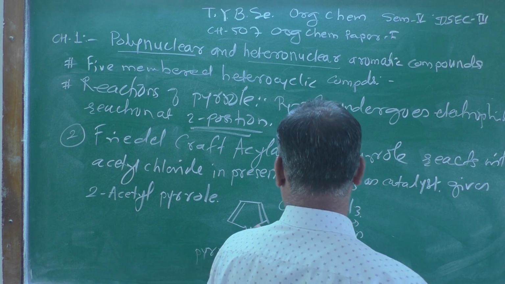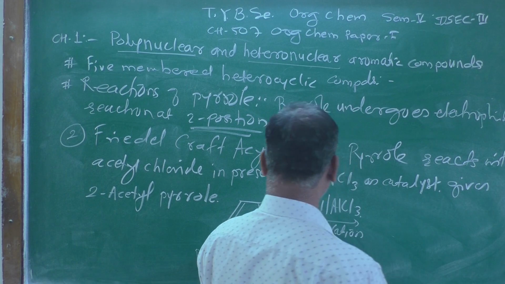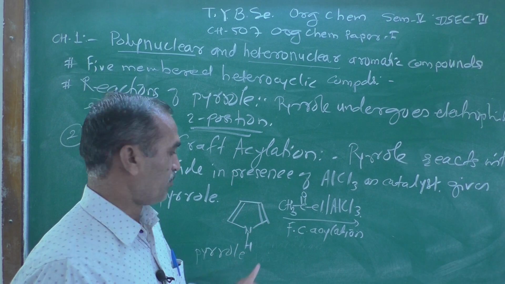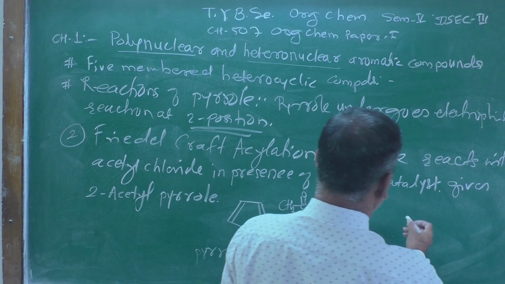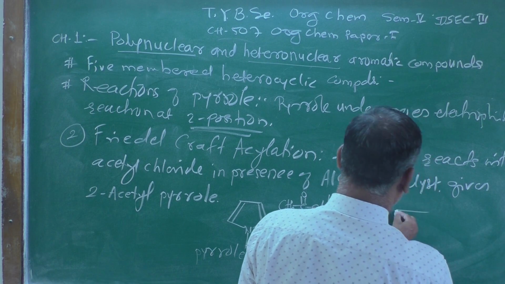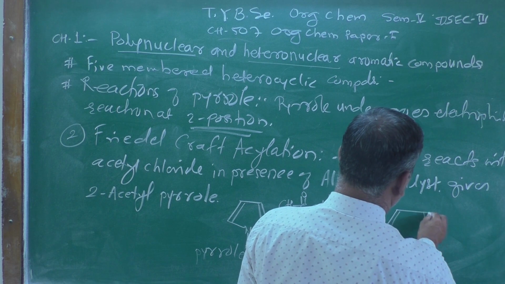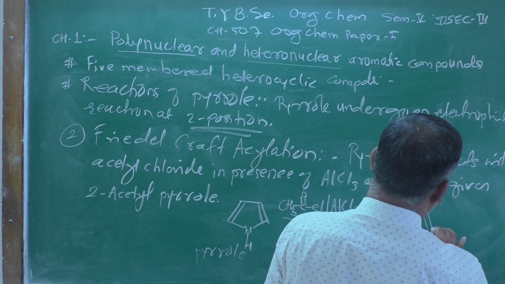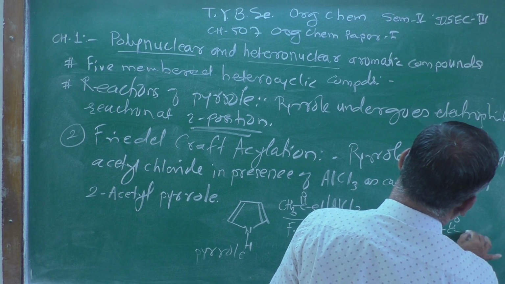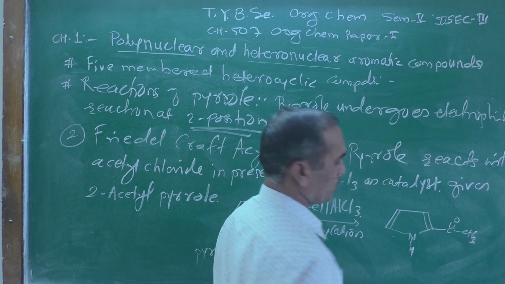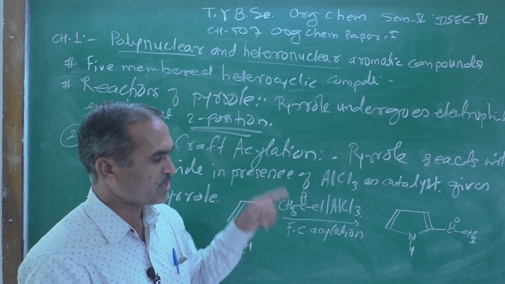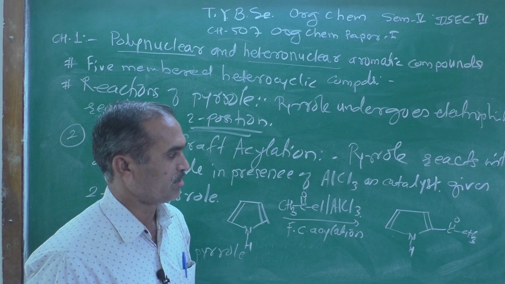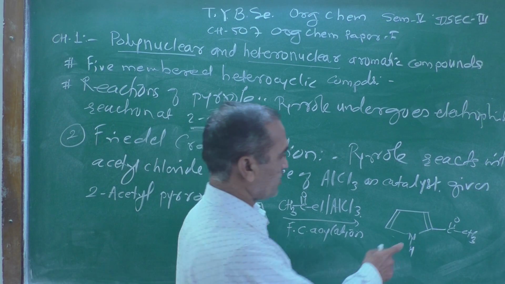As far as this level is concerned, over here this is a 2 position, as we know that the heteroatom gets number 1 always over here, and so 2 or 5 position, both are identical. So you can show here at 2 position C=O CH3, that is, acetyl group is attached at 2 position, and we are getting this product.